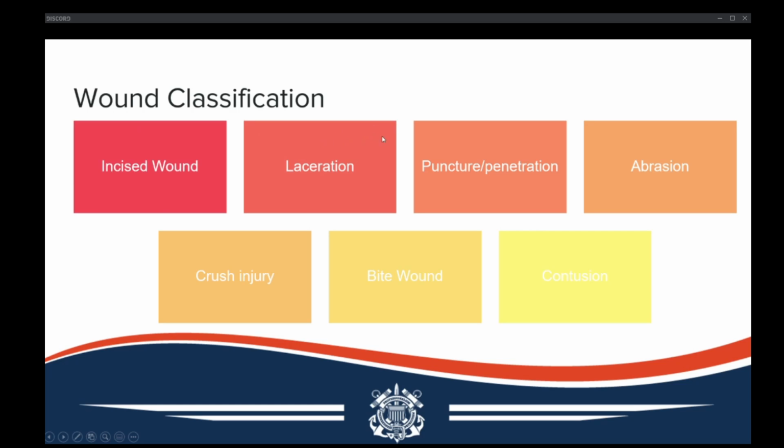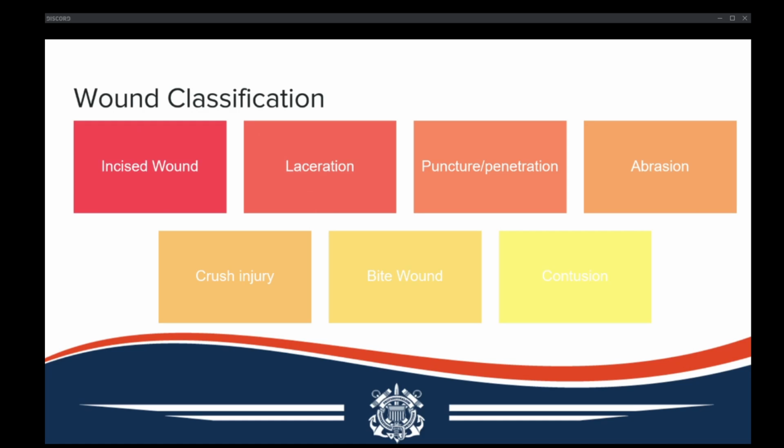A laceration is like a tear. I don't really know how to describe it. It's a fast action that causes a tear in the flesh. Punctures or penetrations, pretty obvious. Gunshot wounds, GSWs, knife stabbings.